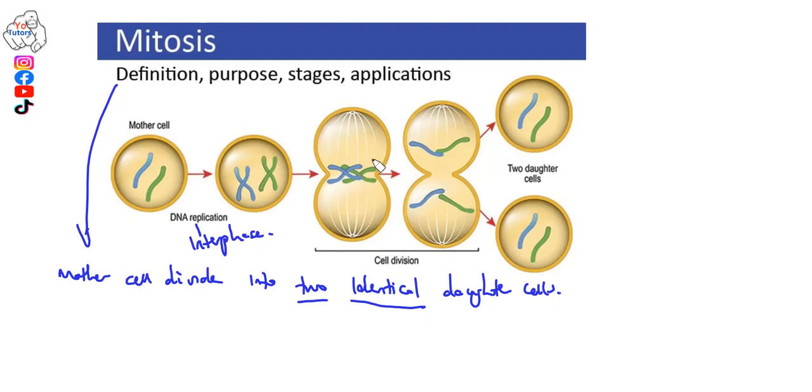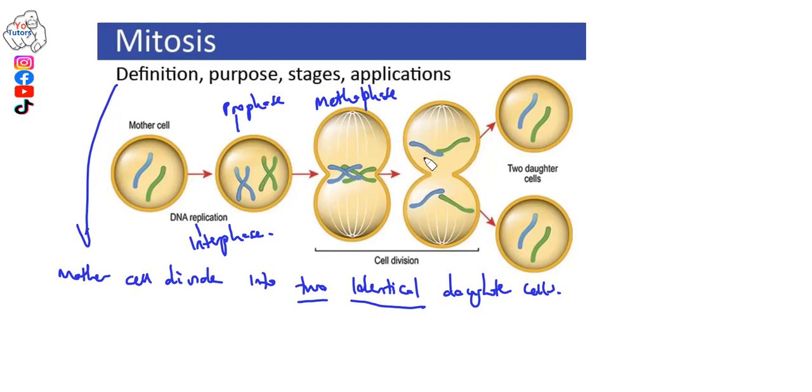Here we have our chromosomes lying on the equator, which we call metaphase. Here is our prophase, where your DNA shortens and appears as chromosomes. Then the chromosomes line themselves on the equator.